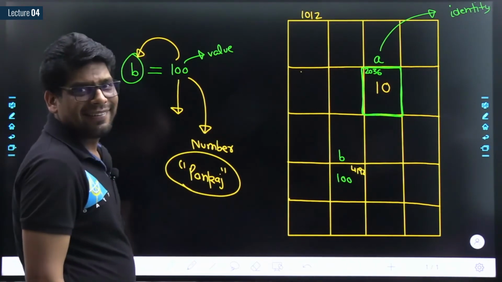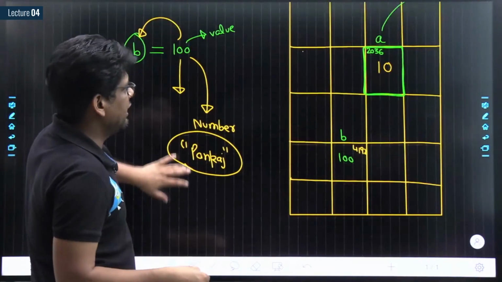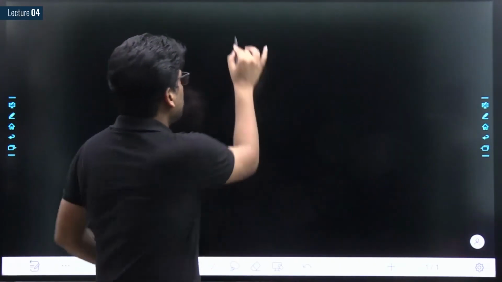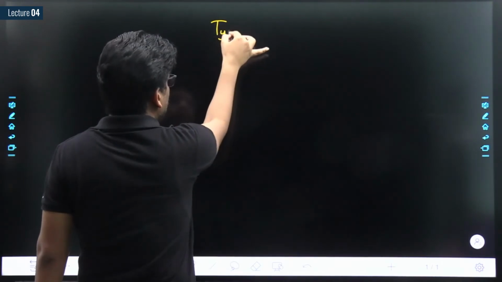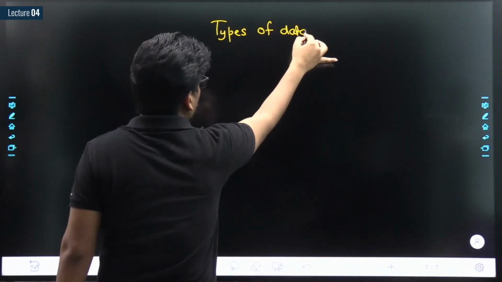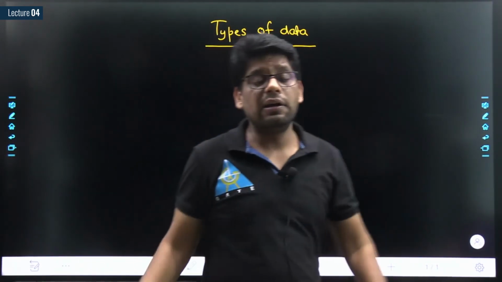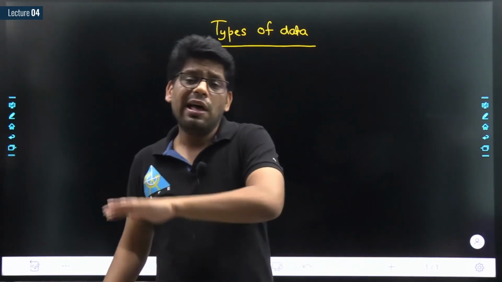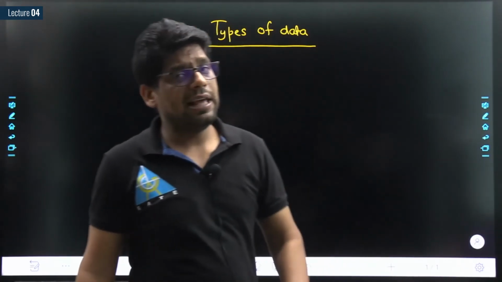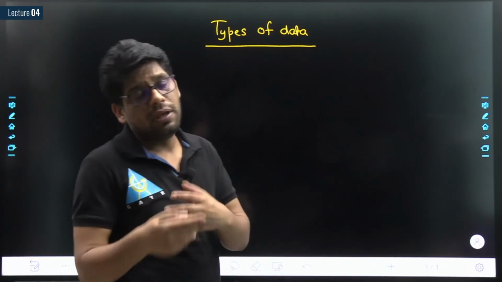Then we need to work upon different types of data, or data types, because our program needs to handle different types of data as input as well as output. It may be text, it may be integer, it may be some number.